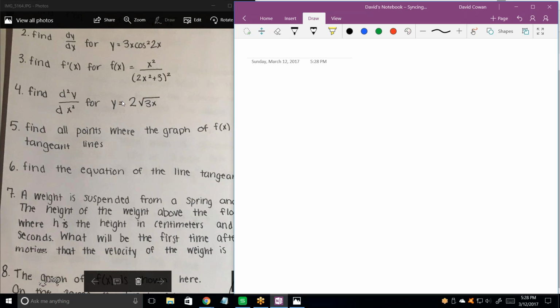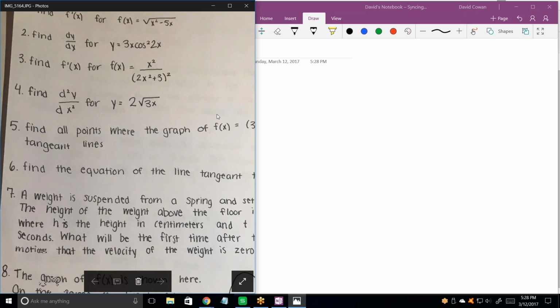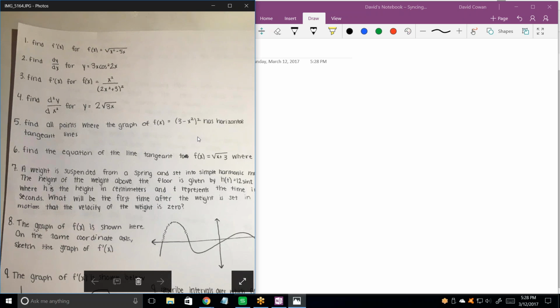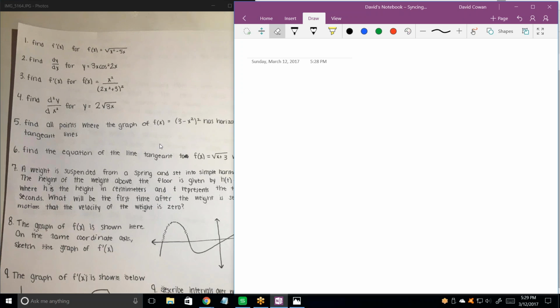All right. So, number 5. Find all points where the graph has a horizontal tangent line. Whatever this graph looks like, what's a horizontal tangent line mean?